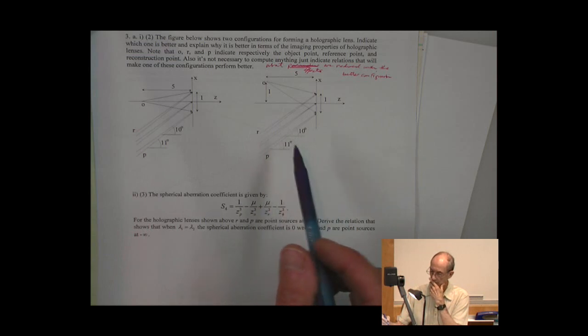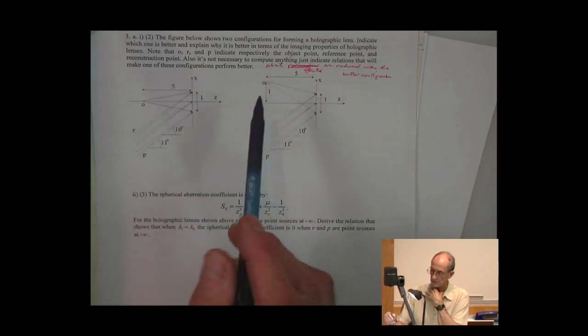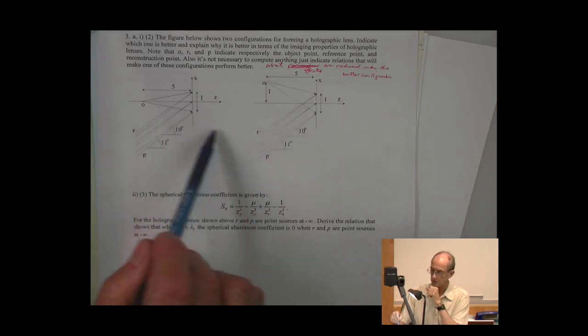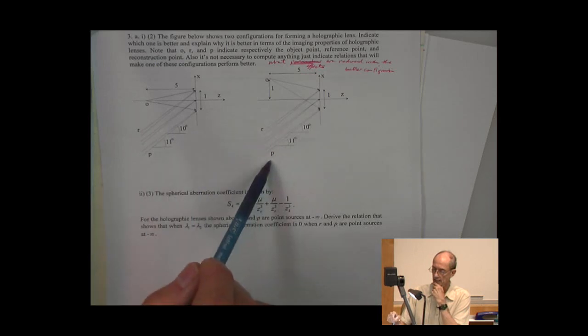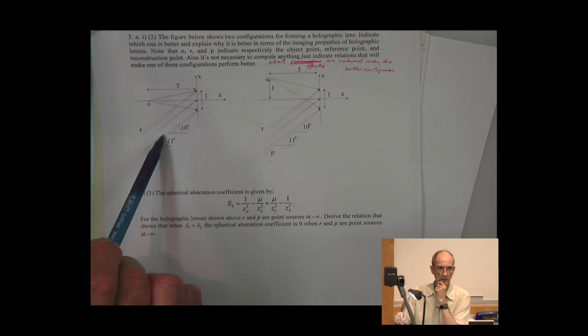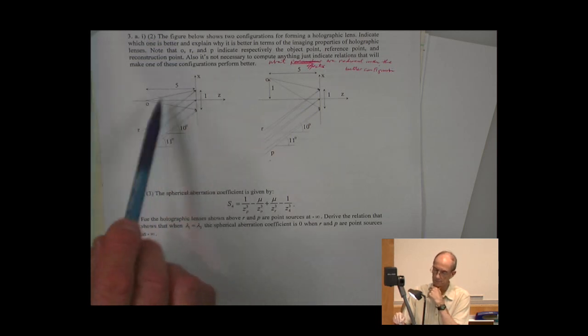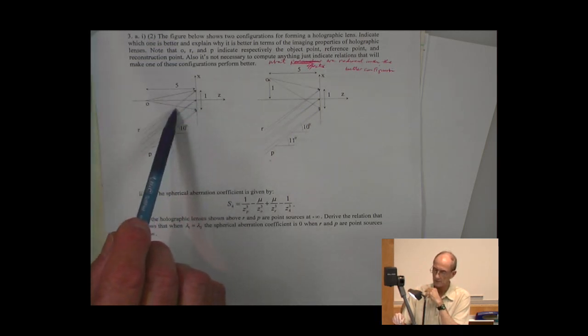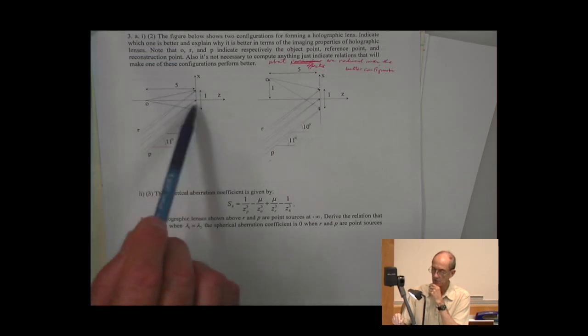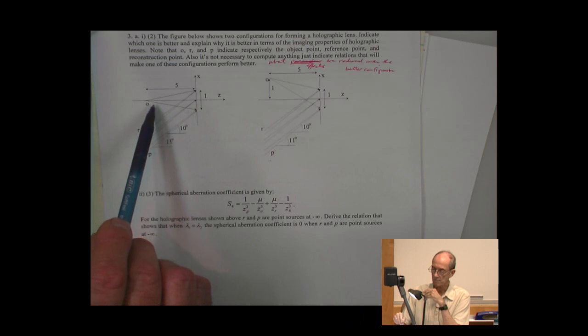All right, so the first part of the question here is I ask, which of these two is a better configuration? Okay, and we actually went over this problem in class, and this is the better configuration. Okay, this part on the left is the better configuration, because the aberrations that you get are minimized.